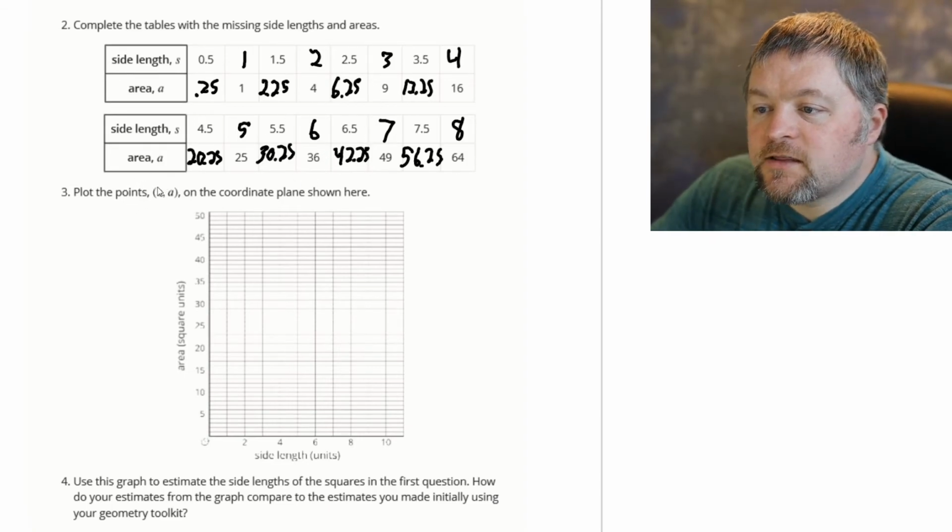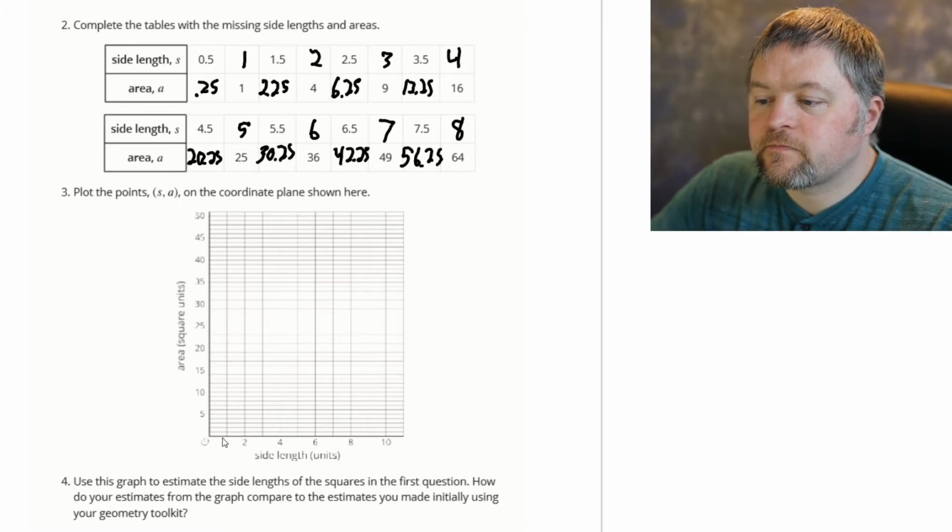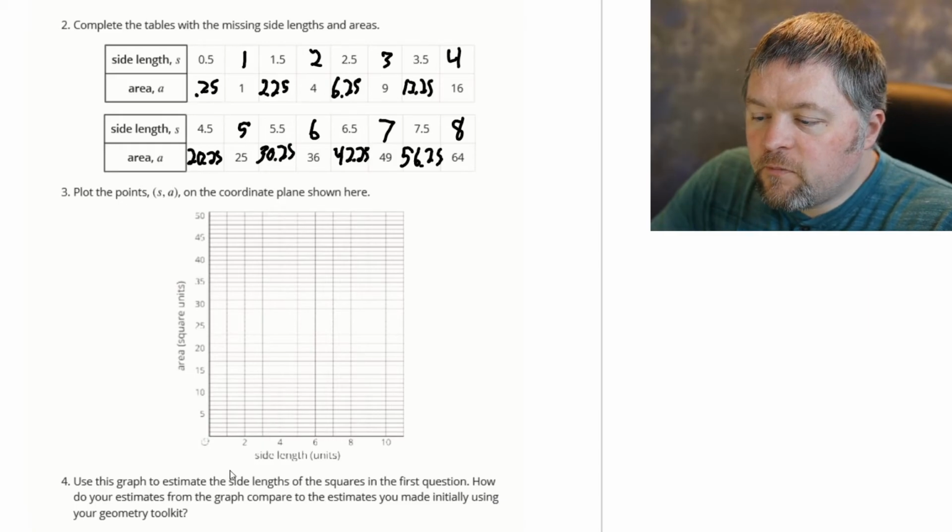Now it says to plot the points S, comma A, so side length, comma area, on the coordinate plane. So 0.5, 0.25.